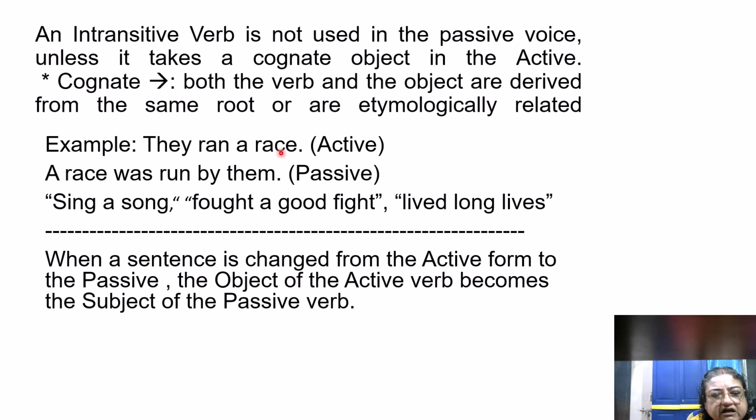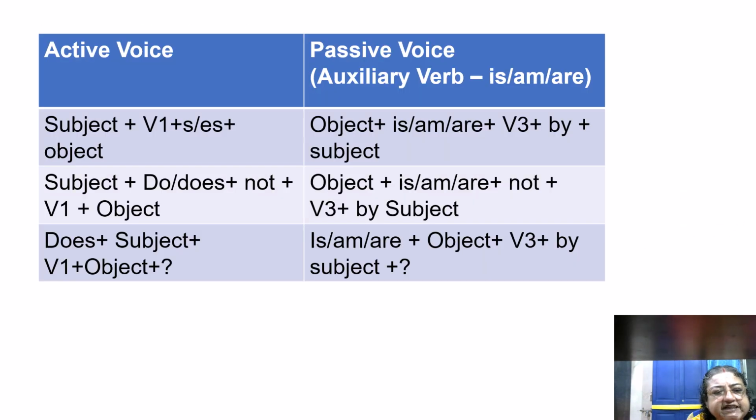Here the object is race, and in passive this race becomes the subject and they becomes the object. The form of they you have to change if a pronoun is used. So it is clear to you. Next, the sentence structure and the verb structure in active and passive I'm showing here.